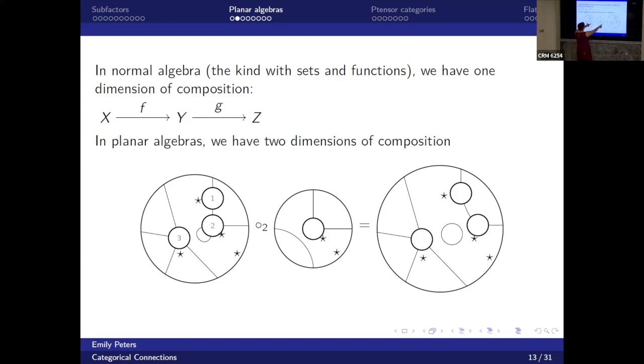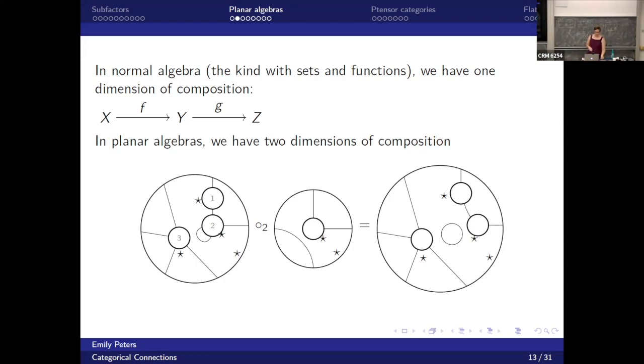If you didn't have the stars, you wouldn't know how to orient this after you'd shrunk it down. But with the stars, we know exactly how to put it here. And so we do that in this example, and we get this picture. And notice that part of our data now is a piece of string that doesn't touch any boundary. This is not a hole, this is not an input. This is just a spaghetti-o, a free-floating loop of string.